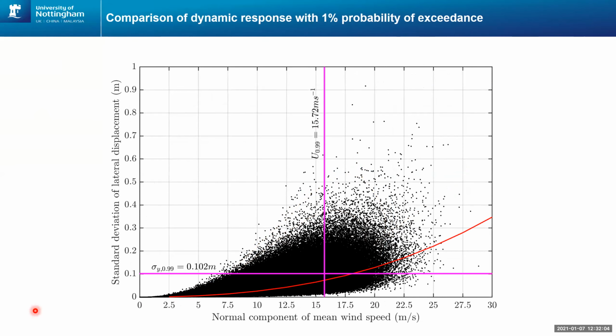And if we compare the 99th centile wind speed prediction of the response using quasi-static theory with the 99th centile from the Monte Carlo simulation, we find that the Monte Carlo simulation is predicting a much bigger response, about 30% bigger than we get using just a simple quasi-steady analysis.